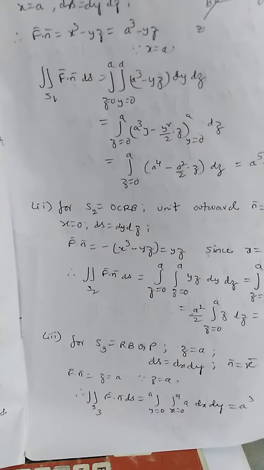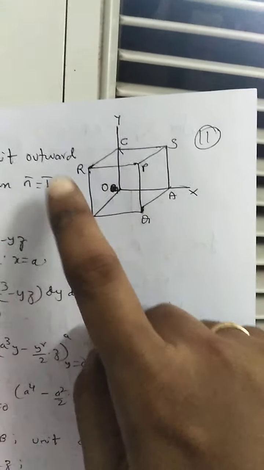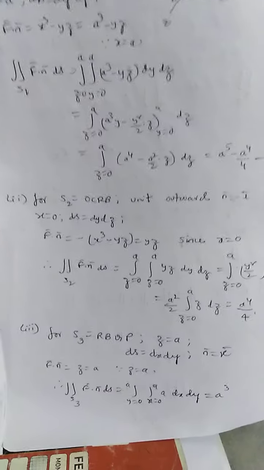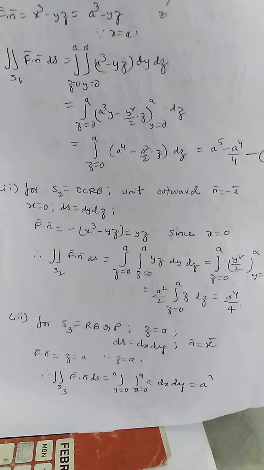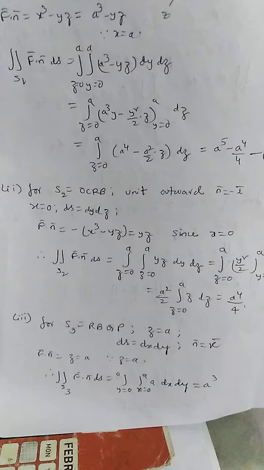Now for the second face S2, OCRB. Here the unit normal is outward from the x-axis, so the direction changes to the negative side: n bar is minus i bar.